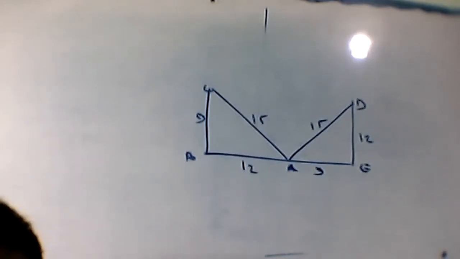Okay, right. The hypotenuse of a right triangle is 6 meter more than twice the shortest side.